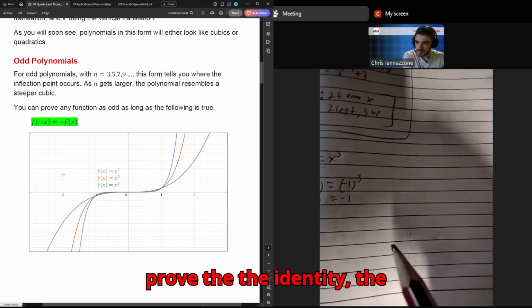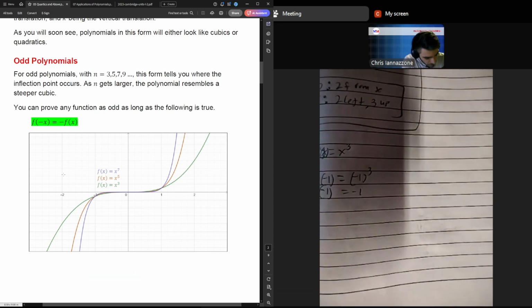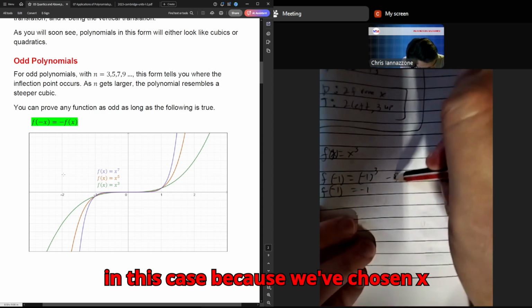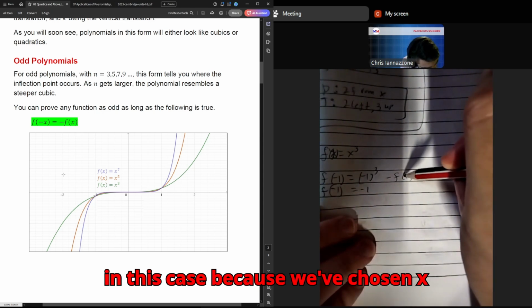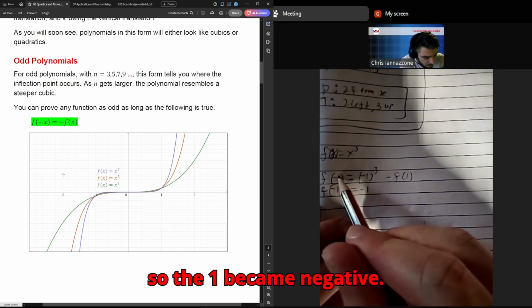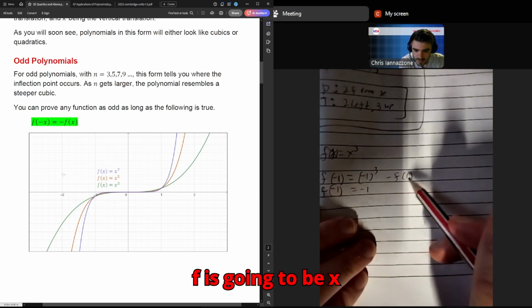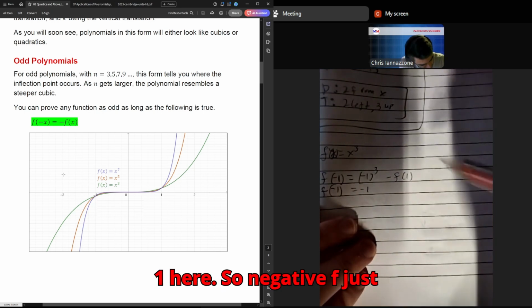Now, to prove the identity, the equation, whatever you want to call it, we would then want to test negative f of x, or in this case, because we've chosen x is 1. Remember, this was f of negative x, so the 1 became negative. F of x is going to be x equals 1 here.